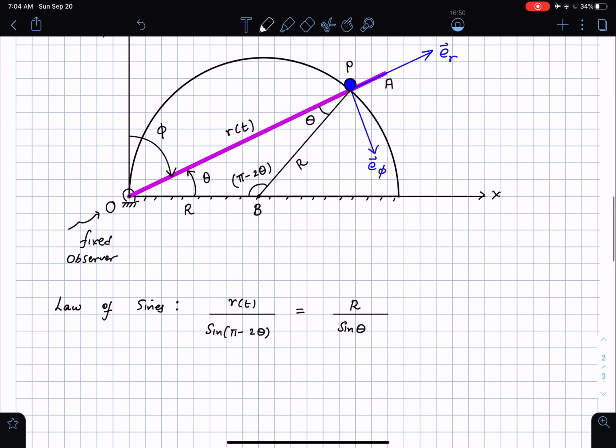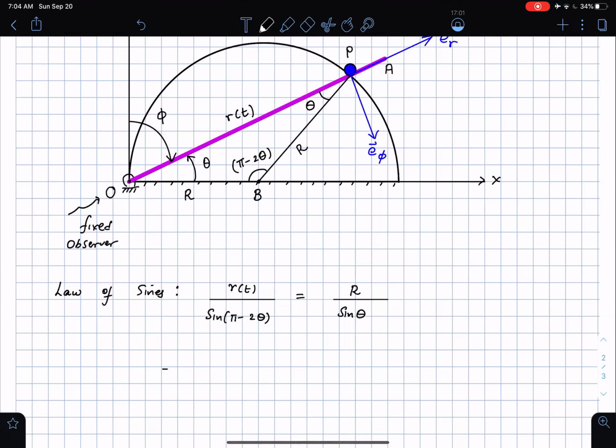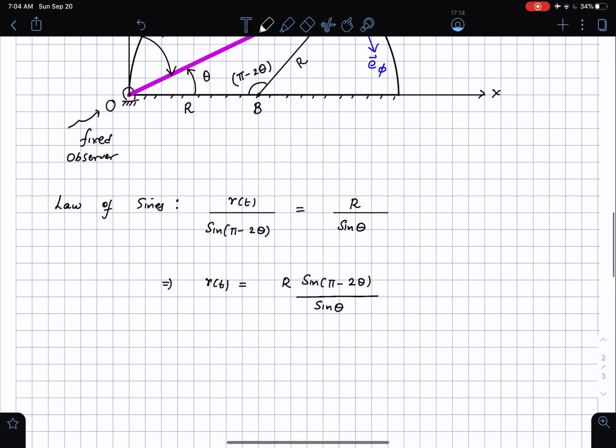Okay, and from this, if I do the cross multiplications and so on, I can get that r of t is equal to capital R times sine of pi minus 2 theta, all of this divided by sine theta.